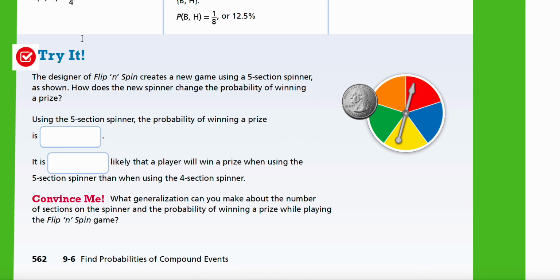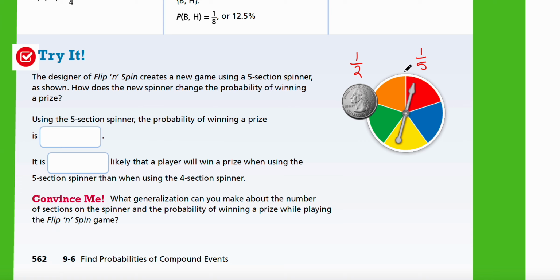All right, using the coin and the 5-section spinner instead, the probability of getting a head would be 50%. And the probability of getting a color from the 5 sections, spinning blue, would be 1 out of 5 possible outcomes.